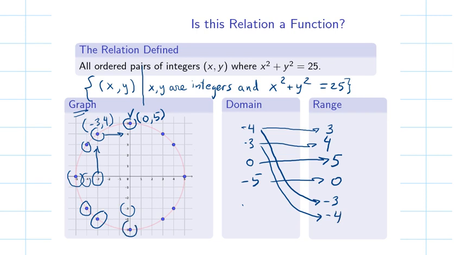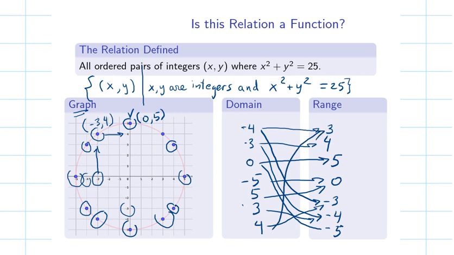Let's finish this up. This one, -3 is going to -4. This one, 0 is going to -5. And here, 3 is going to -4. And 4 is going to 3. 4 is going to -3. Now it's getting complicated.